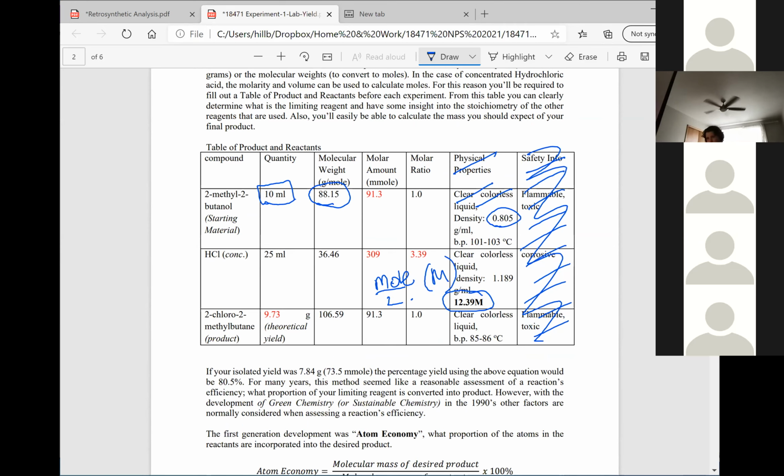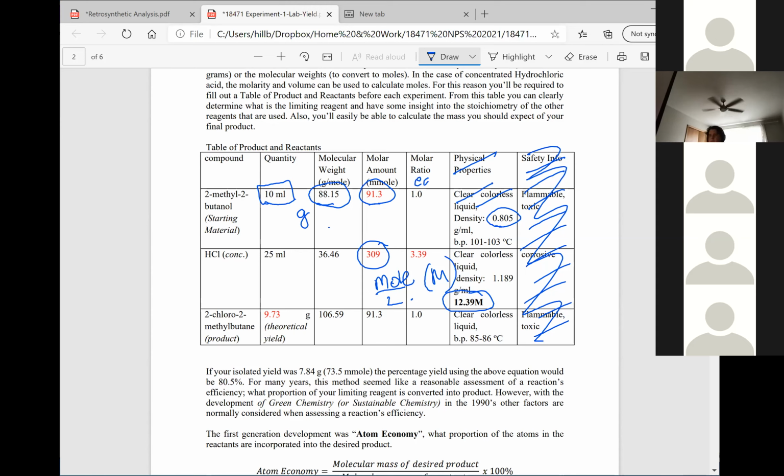Then the grams divided by the molar weight gives you your number of millimoles, so 91. And then if you've got 91 millimoles of starting material, and 300 millimoles of this. I'm so slow. No, no, it's just that we typically don't talk about the equivalence or molar ratio.